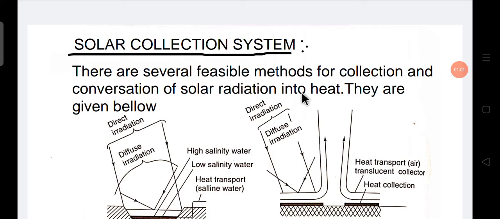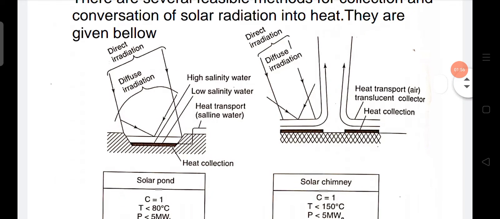In the previous unit, on solar collectors, we have seen many types of solar collectors which collect solar radiation and convert it into heat energy, and by using that heat energy we can generate electricity or heat our room or swimming pool, etc. These solar collector systems are used in solar power plants, and the types are given below.